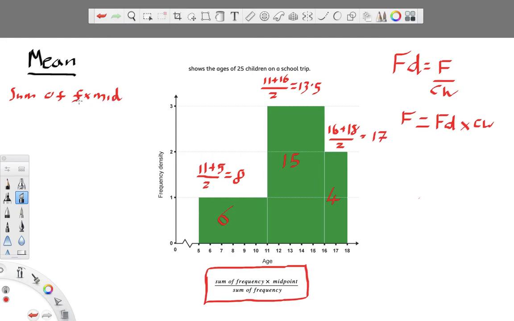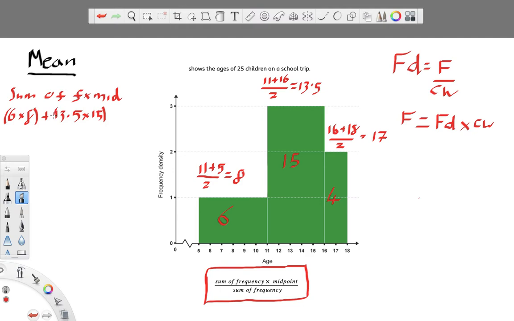So sum of frequency times the midpoint. So that's going to be 6 times 8. And remember, it's the sums, we've got to add them together. So 6 times 8 plus 13.5 times 15.